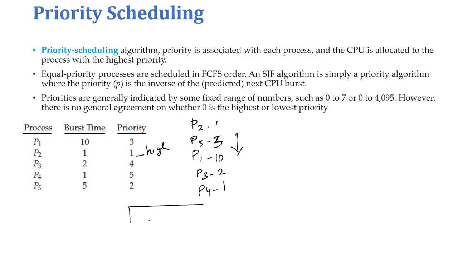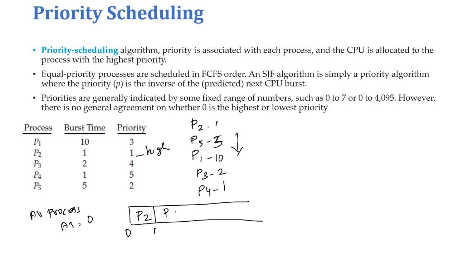As usual we are going to make the Gantt chart. The first process is P2. Here there is no arrival time mentioned, so all the processes arrived at 0. So P2 executes first and completes at 1.